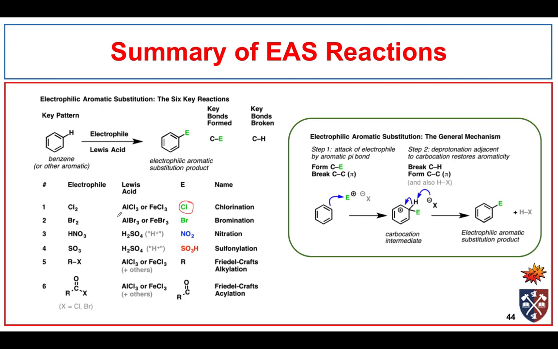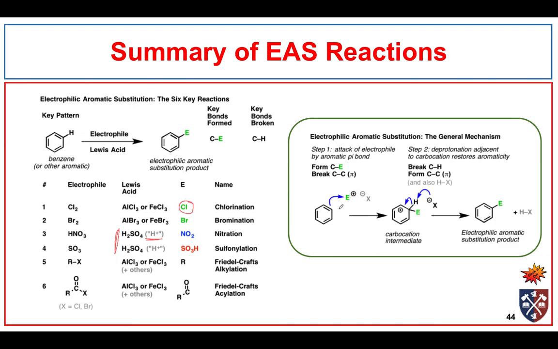We need a Lewis acid. Don't forget, some of these are Bronsted acids, but Bronsted acids are also Lewis acids. So in the case of nitration and sulfonation, the acid we use is sulfuric acid. The mechanism is the same once we generate our electrophile. That's the hard part, the generation of the electrophile.